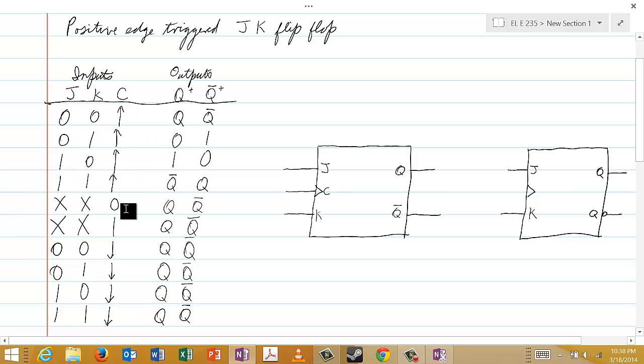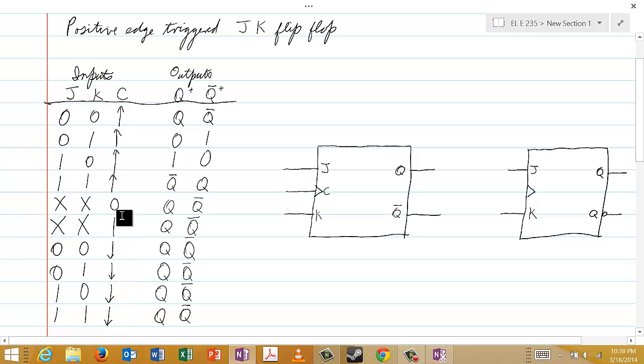Much of this should be familiar to you now. Let's go ahead and look first at the final 6 lines of this table. Basically what they say is that, as we would expect for a positive edge triggered device, nothing will happen as long as the clock is constant and equal to 0, or constant and equal to 1, or whenever there is a negative edge.